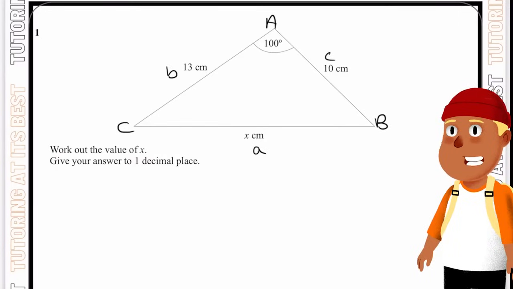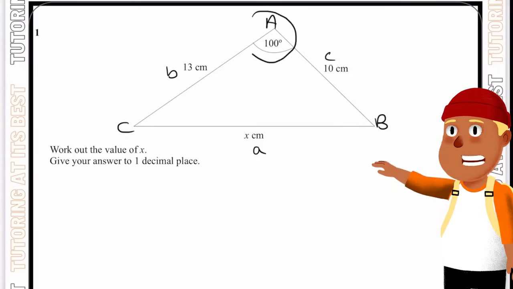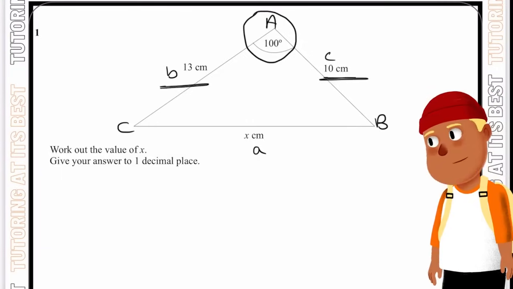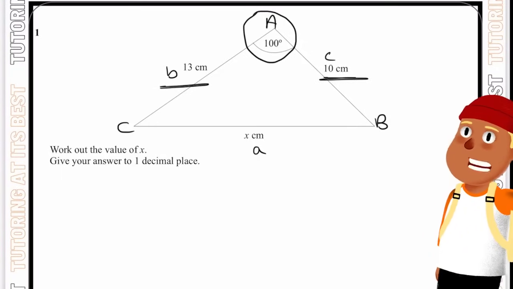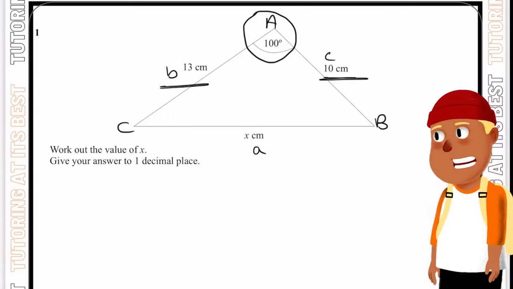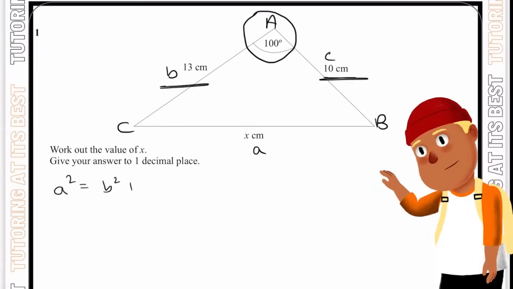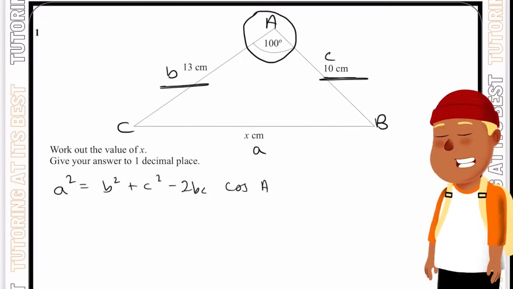In order to use the cosine rule, we need to consider the angle that lies between the two known sides. So with this question, we'll be working with angle A, which is 100 degrees. We then have our b value and our c value. Because we are trying to work out a side, we use the formula a squared equals b squared plus c squared minus 2bc cos A.